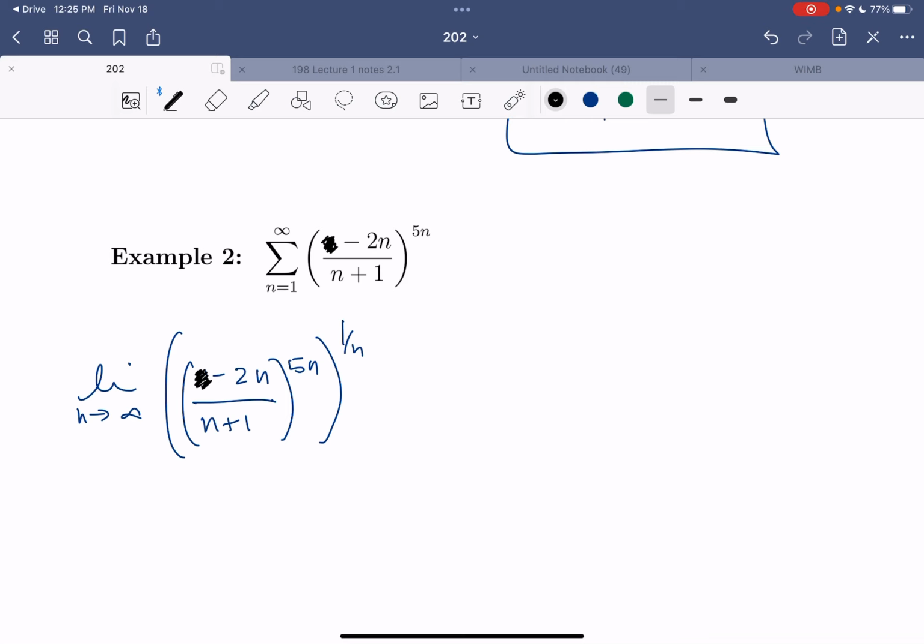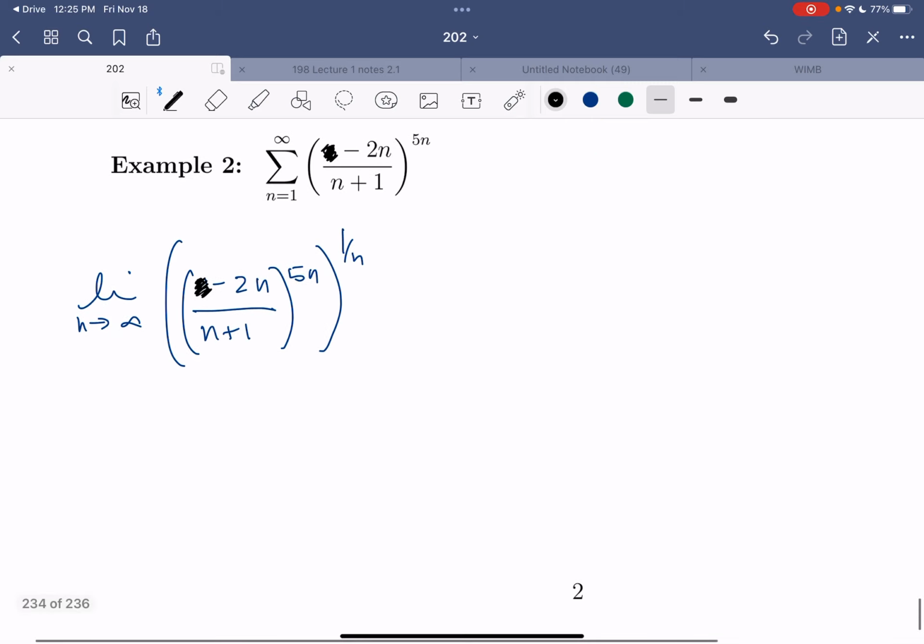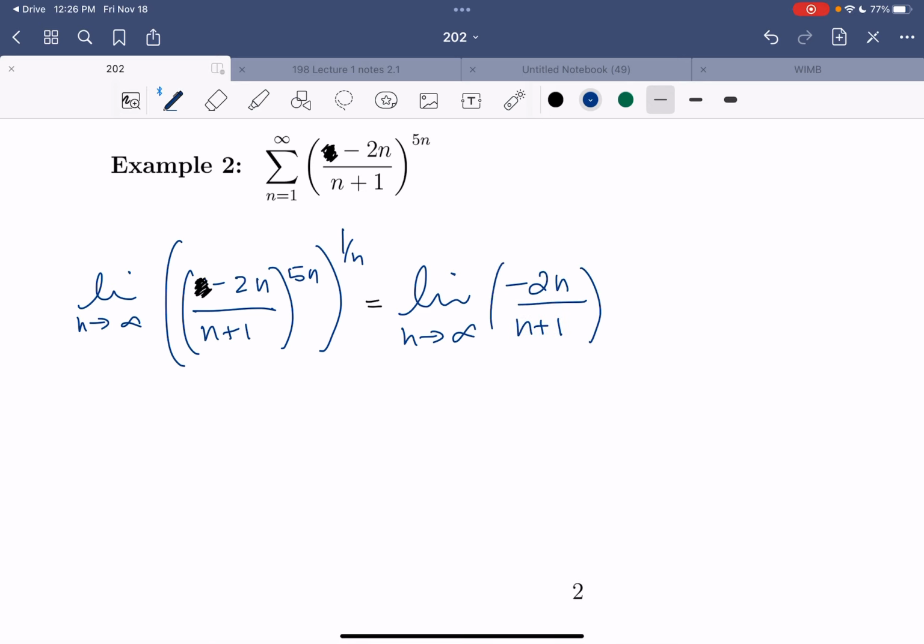Yep. All right. So what happens here when we're taking the root test is that we're taking the root of that. So 5n times 1 over n means that I end up with the limit as n goes to infinity of negative 2n over n plus 1 to the 5th.